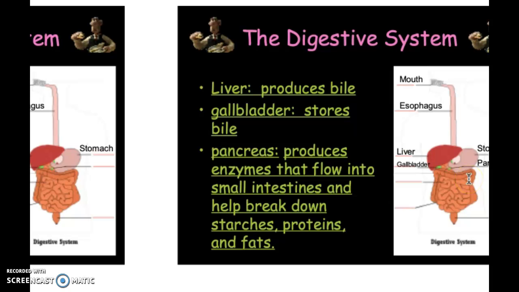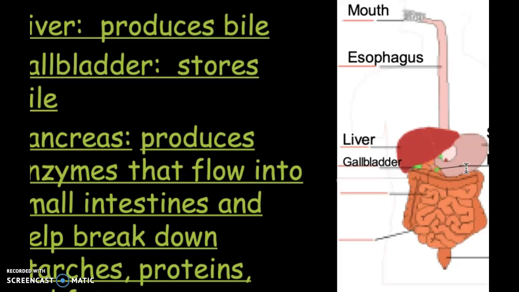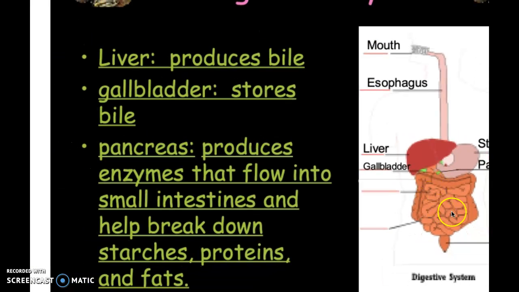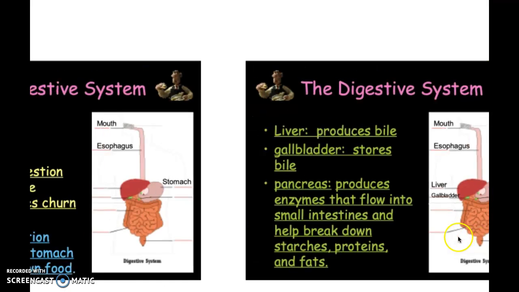And then we also have the pancreas. If you look over there, you can see the pancreas. Oh, my bad. I actually misread the picture. The green substances are actually the pancreas, and the little orange substance right here above the intestines is actually the gallbladder. The pancreas produces a lot of enzymes that flow into the small and the large intestines and help break the food apart.